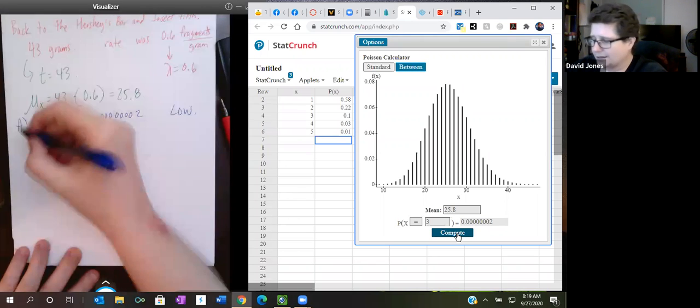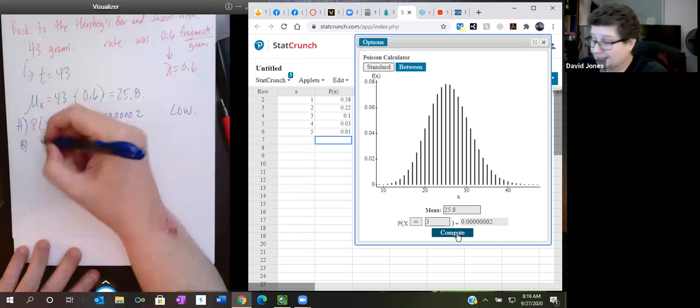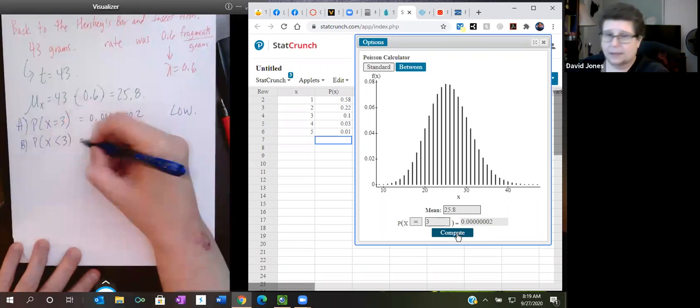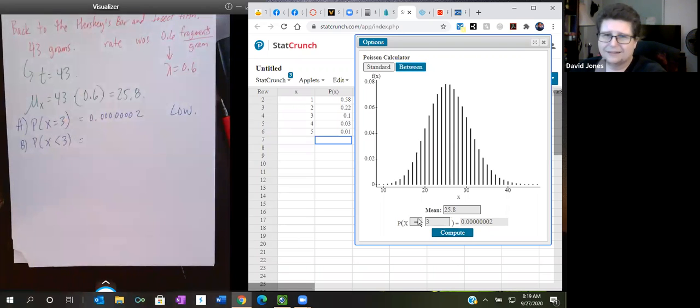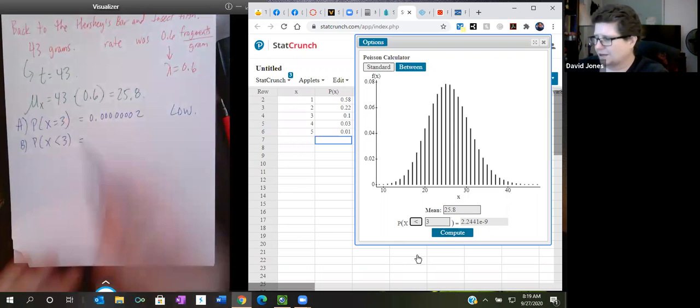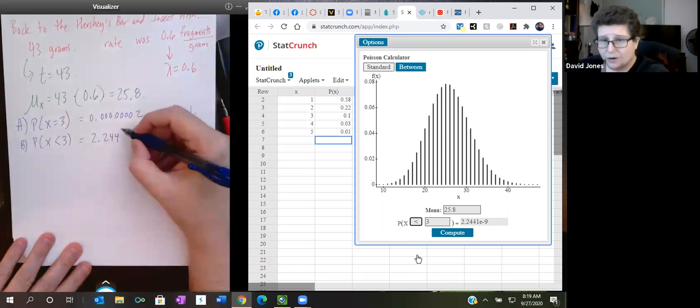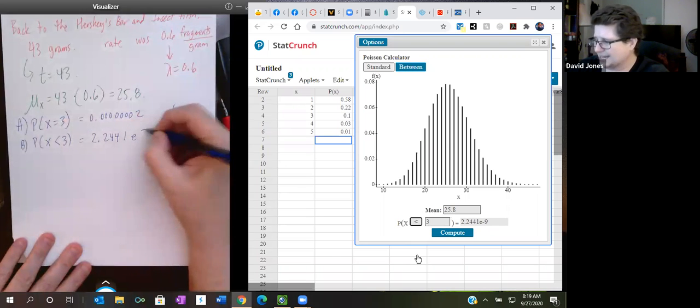Fewer than 3 looks even lower. Fewer than is less than. 2.2441 e to the -9 is what my calculator says.